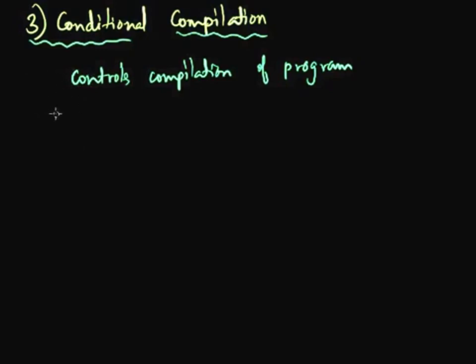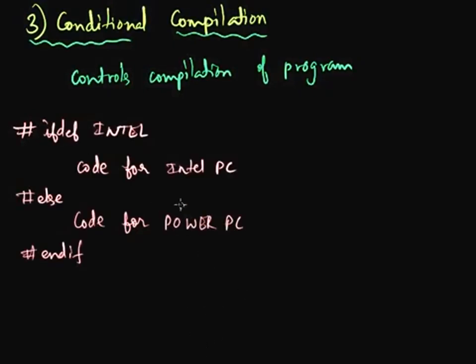There are actually three types of conditional compilation directives. The first one, let me write the whole thing here. Suppose you have to compile your program based on a condition whether Intel is defined or not. You have two types of code, one for the Intel computer, another for the power computer.